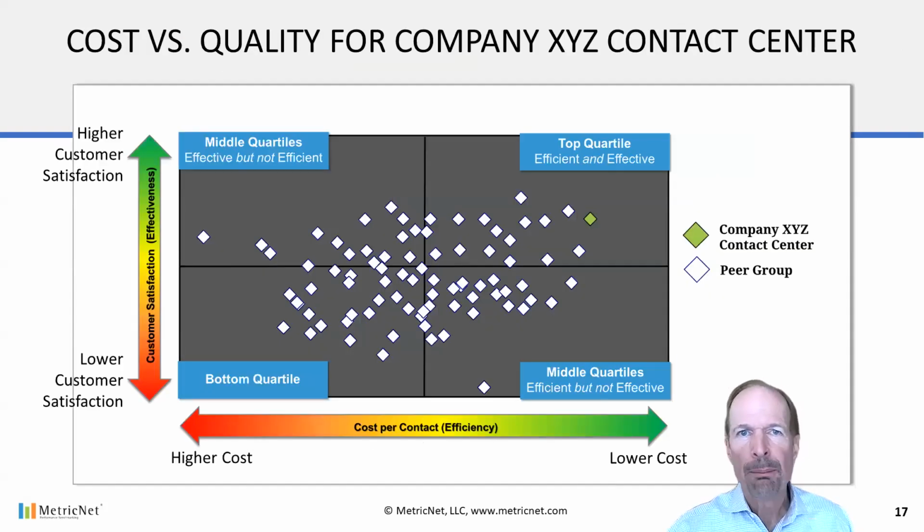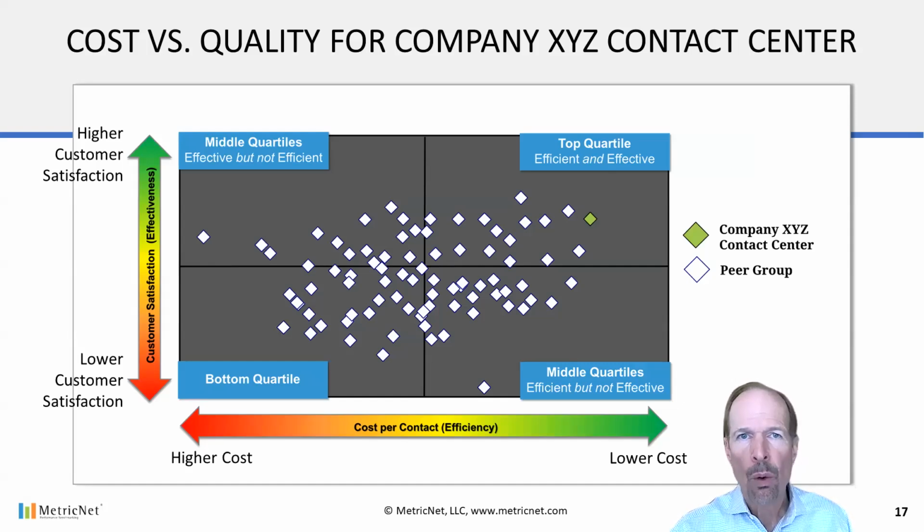Finally, to emphasize the primacy of cost and quality, efficiency and effectiveness, we always include this two-dimensional chart in our benchmarks. The x-axis shows the cost per contact from highest on the left to lowest on the right, and the y-axis shows customer satisfaction from lowest at the bottom of the chart to highest at the top of the chart.